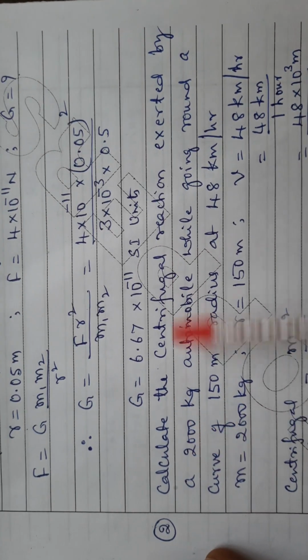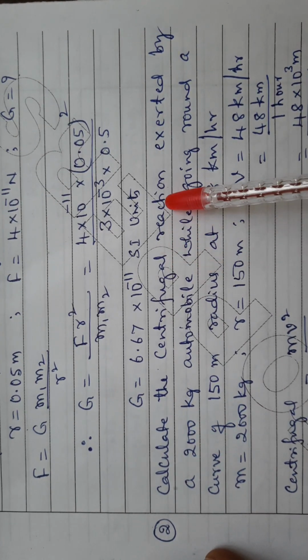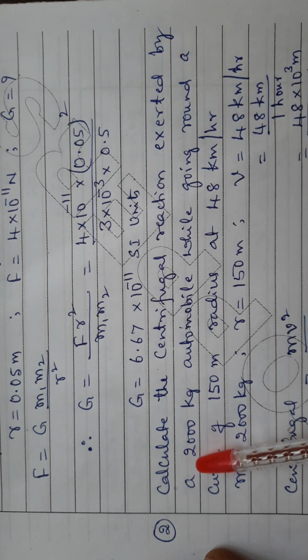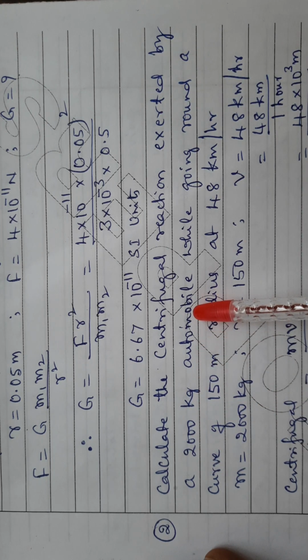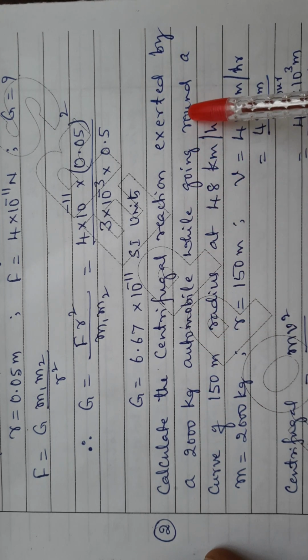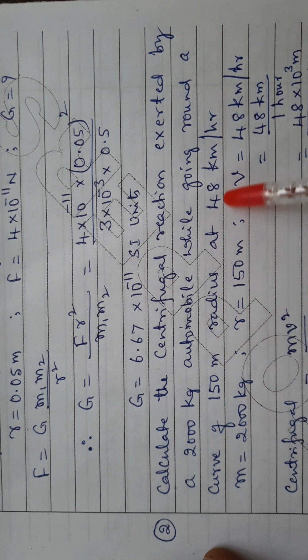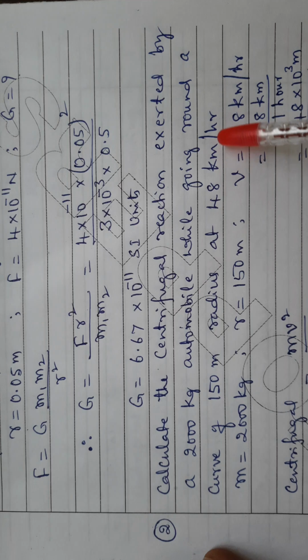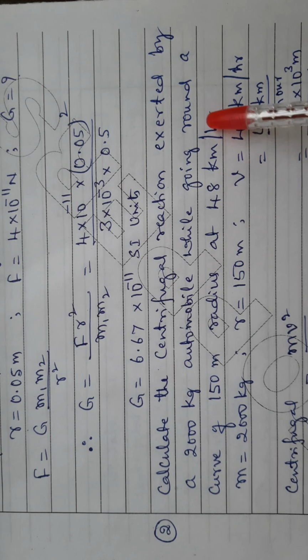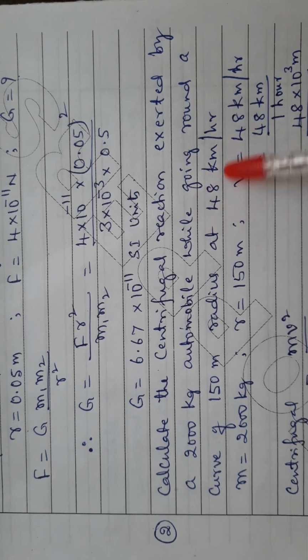Okay, problem number 2. Okay, calculate the centrifugal reaction exerted by a 2000 kg automobile while going around a curve of 150 meter radius at a velocity of 48 kilometer per hour. So the thing is, this is given in terms of kilometer per hour.